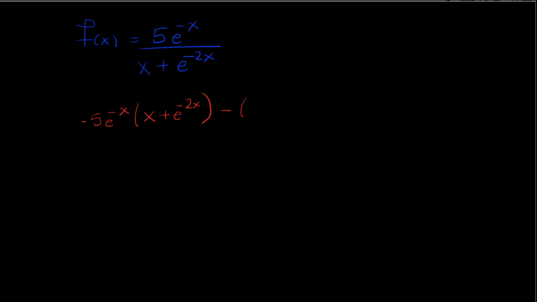The derivative of x is 1. The derivative of e to the negative 2x is negative 2e to the negative 2x. And here again, we want to leave it in parentheses, times the top, which is 5e to the negative x, all over the bottom squared.